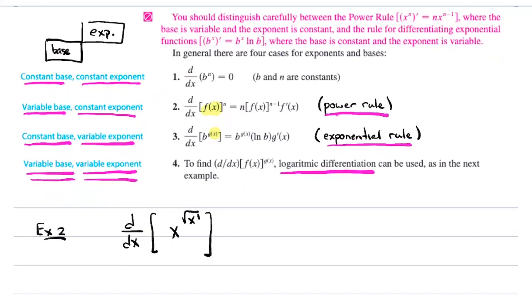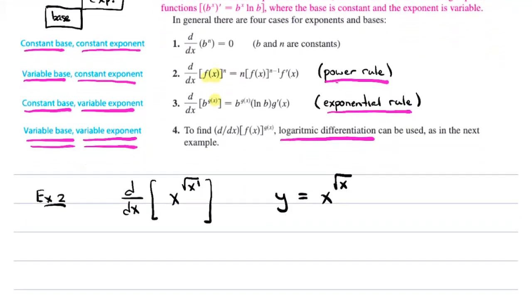So here I've got an exponential expression where both the base, x, and the exponent, square root of x, are variable. I'm going to call this y. y is x to the root x. And we're going to differentiate this thing logarithmically. So I'm going to take the natural log of y first.